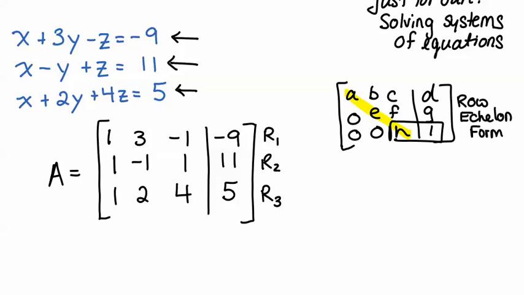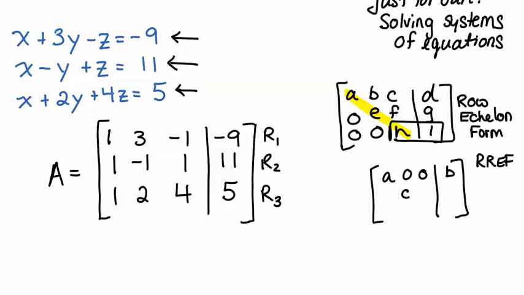Then there's something I didn't talk about in class, that's reduced row echelon form, where you could actually have your matrix looking like this, where only your main diagonal is left. So you'd have zeros everywhere else, and all you would have is your main diagonal equal to your constants.